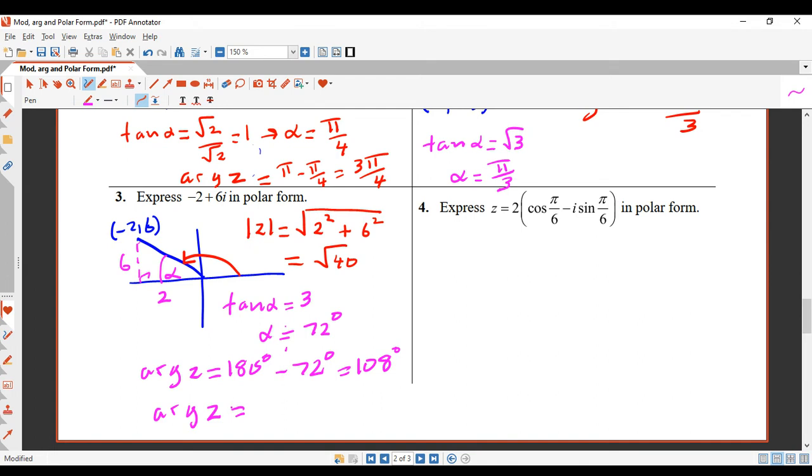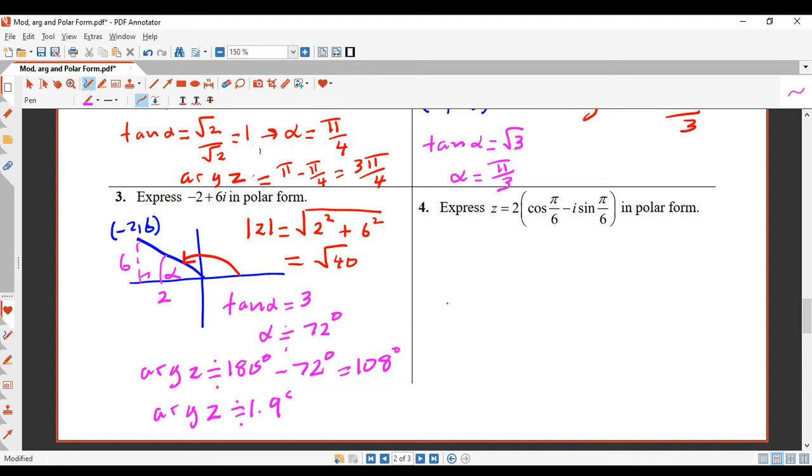So times by pi on 180. Right, 1.89 or 1.9 radians. Okay, 1.9 with a little radian symbol there. So there we go. That's approximately. I should say that's an approximation. r equals root 40 and arg z is approximately 1.9, approximately that because we've rounded.